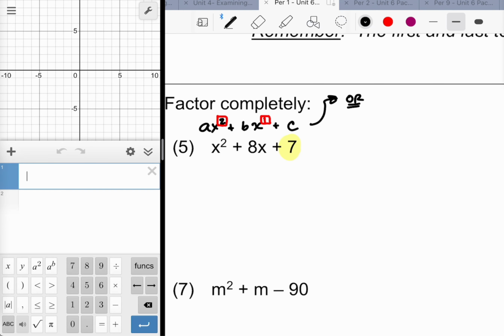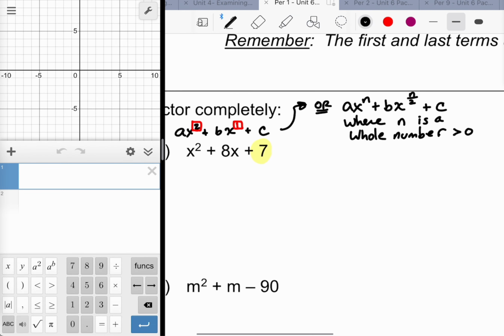But if I want to keep it general, you're going to love this: ax to the nth plus bx to the n over 2 plus c, where n is a whole number greater than 0.